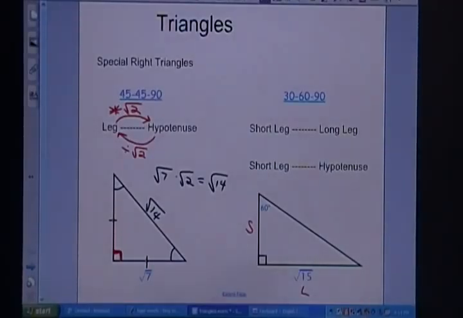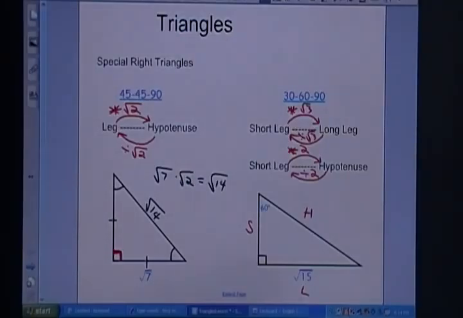To go from short to long, we're going to multiply by root 3. To go from long to short, what do you think we're going to do? Divide by root 3. To go from short leg to hypotenuse, we'll call the hypotenuse H up here. To go from short leg to the hypotenuse, it's probably the easiest one, we multiply by 2. And then to go back, we're going to divide by 2.